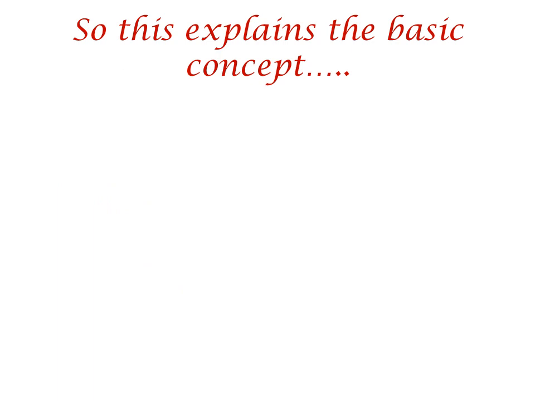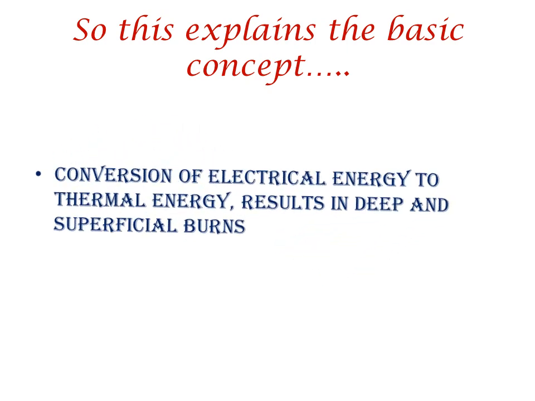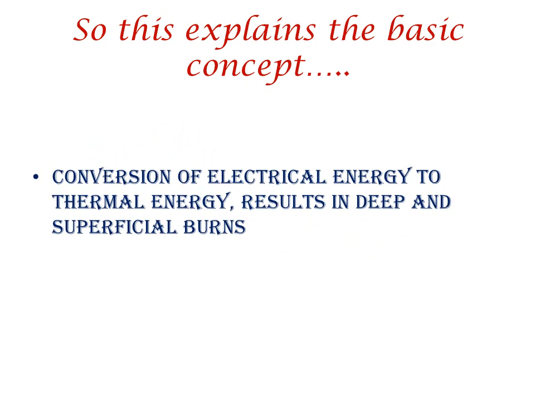That is, as we have already stated, conversion of electrical energy to thermal energy results in all types of injuries in the form of burn. So you people can jolly well understand that though this is a separate chapter on electrical injuries, the common finding in this type of injury is due to burn.